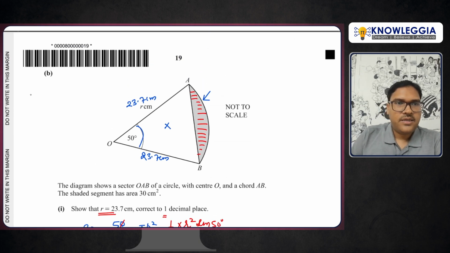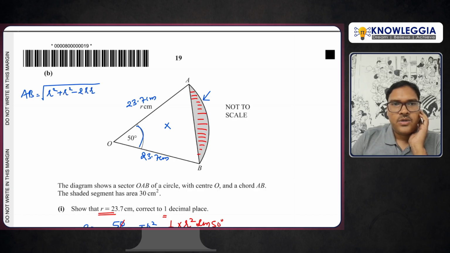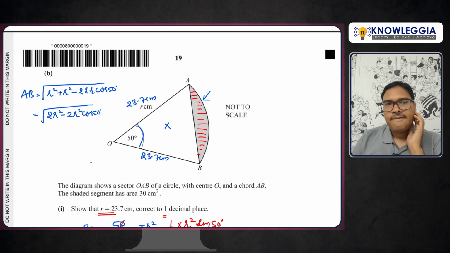AB will be equal to the square root of R squared plus R squared minus 2 R into R cos 50 degrees. So this is the square root of 2R squared minus 2R squared cos 50 degrees. Now, this is the length of AB.